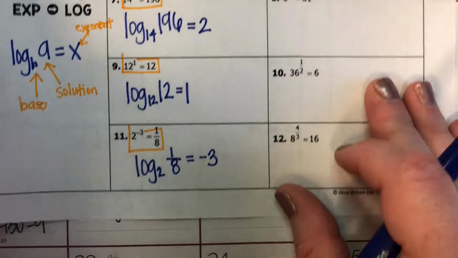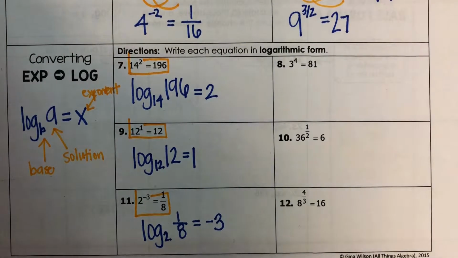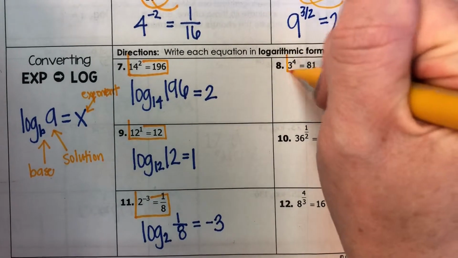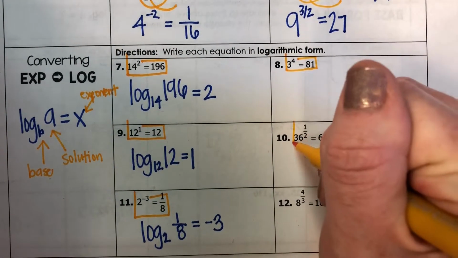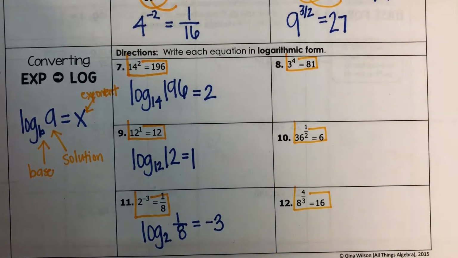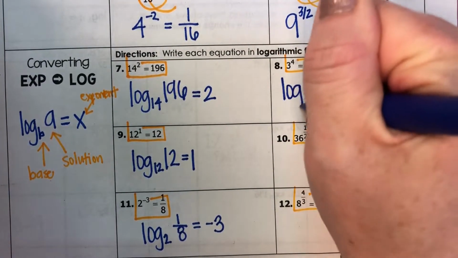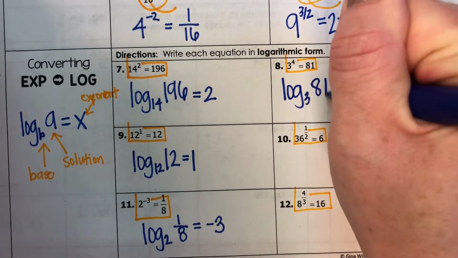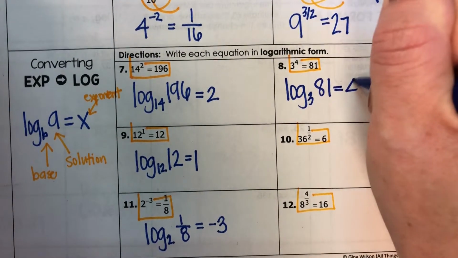Okay? All right, and then here are the ones that I was putting in logarithmic form. I'm going to draw my L's real quick. All right, so here I have log base 3 of 81 is equal to 4.